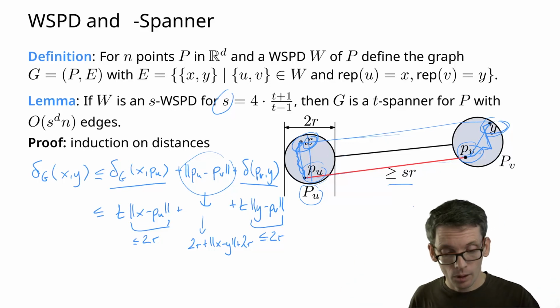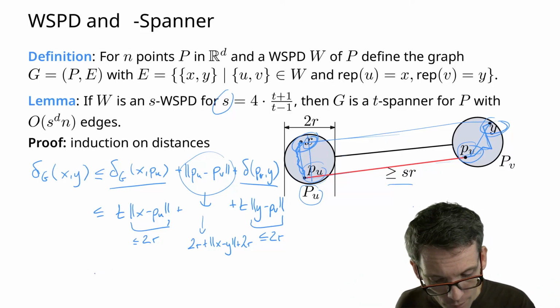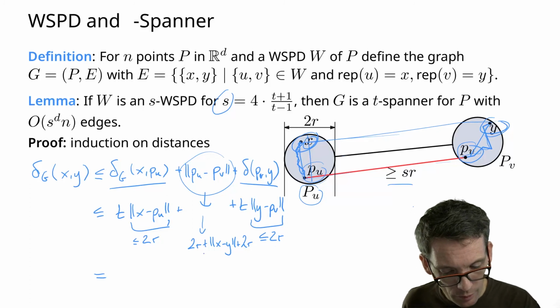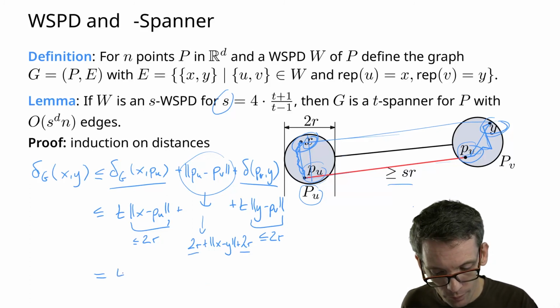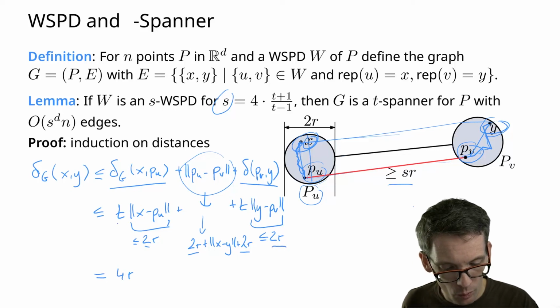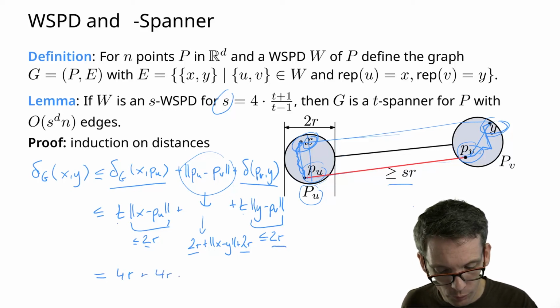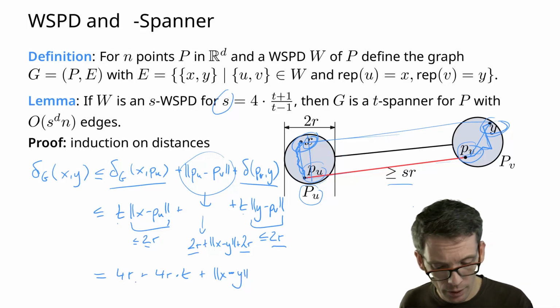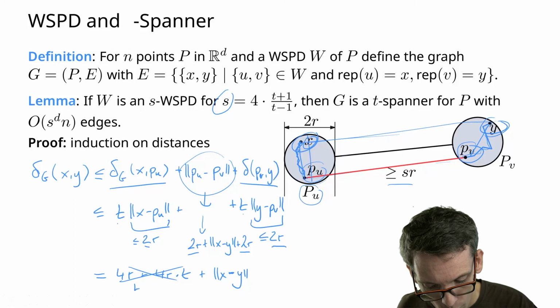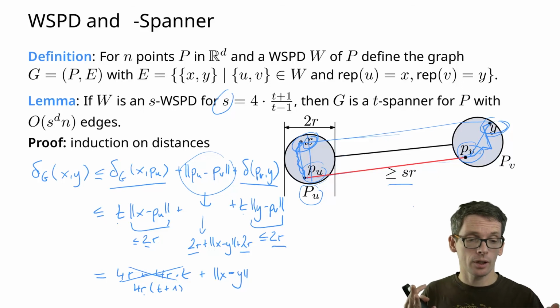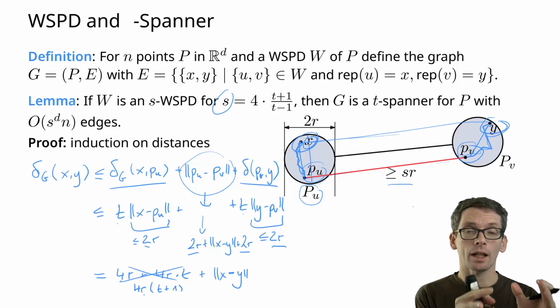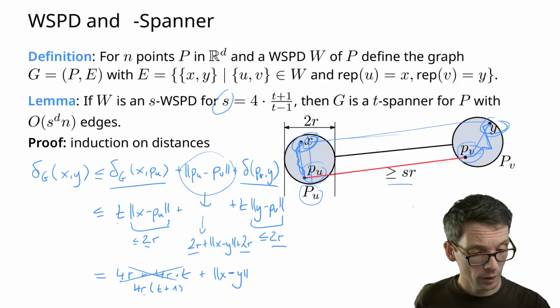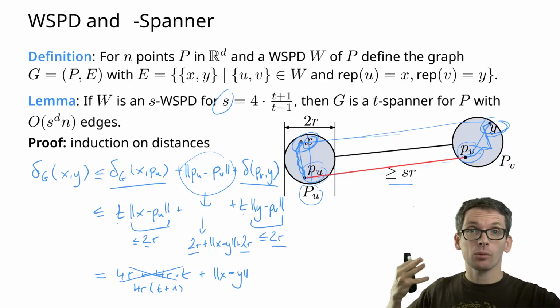So let's add all of this up. I have 2r here, that's 4r. I have 2rt here, so that's 4r times t. And then I have the distance between x and y. So I can first simplify this to 4r times (t plus 1), but now I still have this r that I want to get rid of. To do this, I have to set r in relation to the distance between x and y. What we can use here is that x and y are in this well-separated pair.